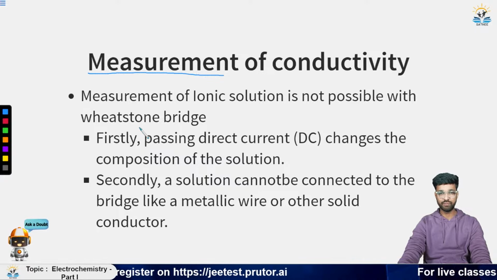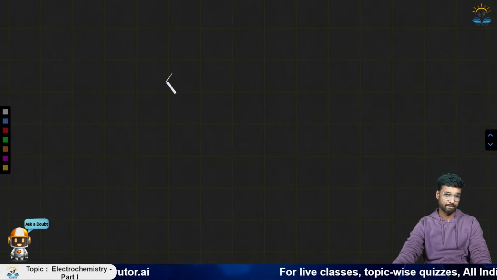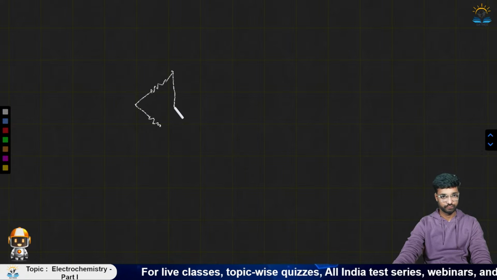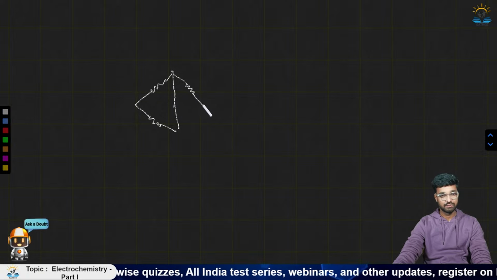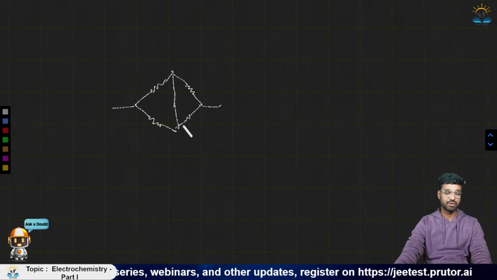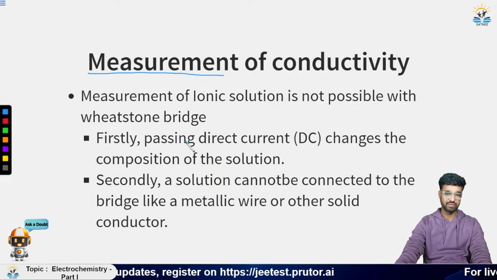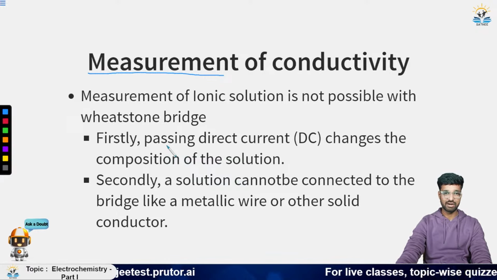So we have a bridge like this, and we use this bridge in some way to calculate the resistance. Say we have to calculate some resistance of this metallic conductor, and we put it there, and we balance R1 by R2 equals something like that, and we do it.